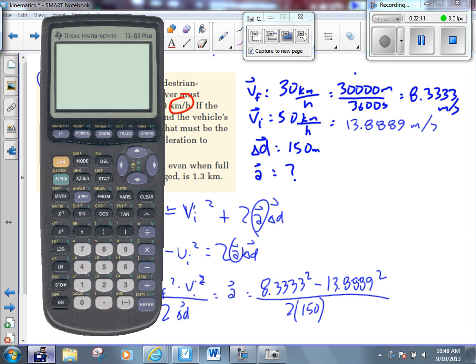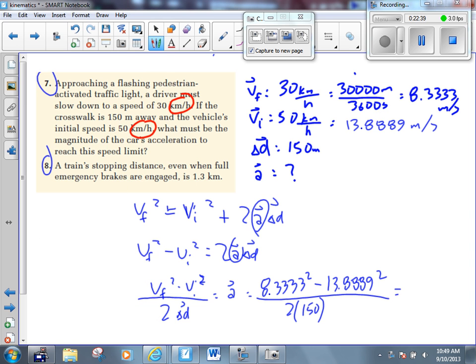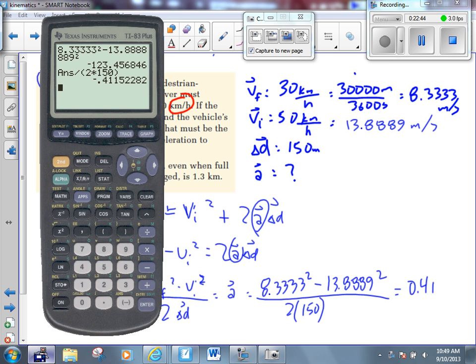And then divide it by 2 times 150. Notice I got a negative number on the top. Divide it by 2 times 150. Gives me negative 0.41, which is exactly what Aiden told me that I should have when I get a final answer here. What was that, 0.41?